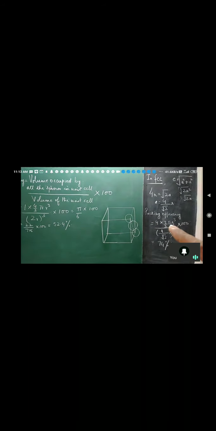So what will be the packing efficiency here? Applying the formula which I had told you, Z value, the number of atoms per unit cell in FCC, is 4, into 4 by 3 pi r cube, the volume of one sphere, upon A cube. We have calculated A to be 4 upon root 2 r, so (4 upon root 2 r) cube.